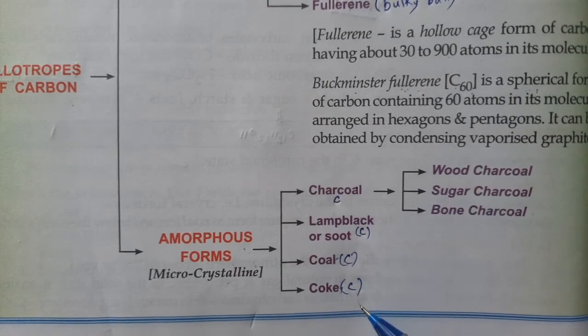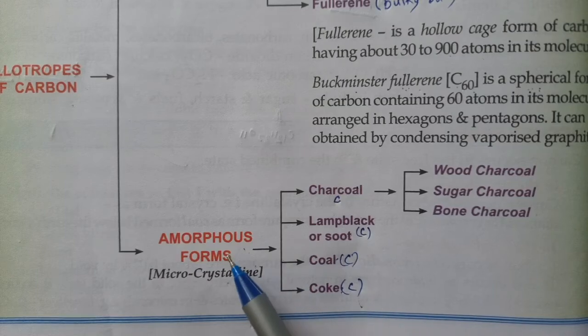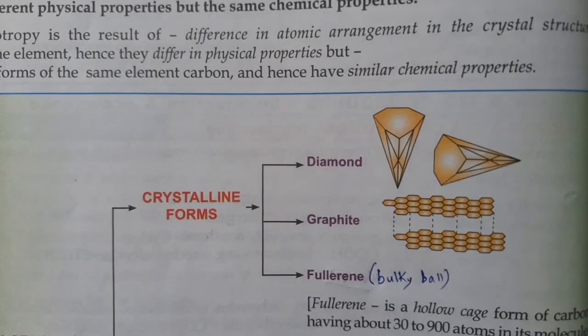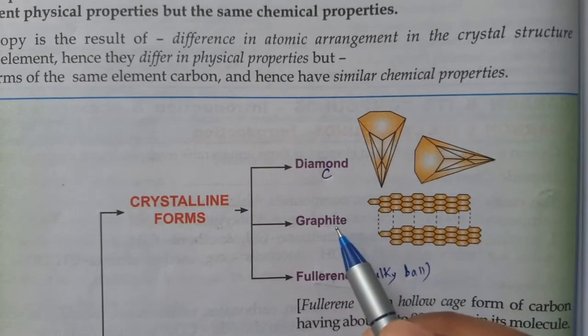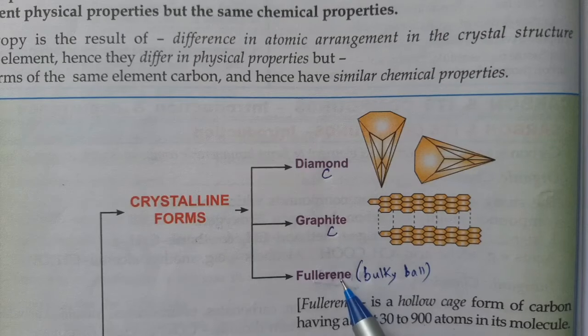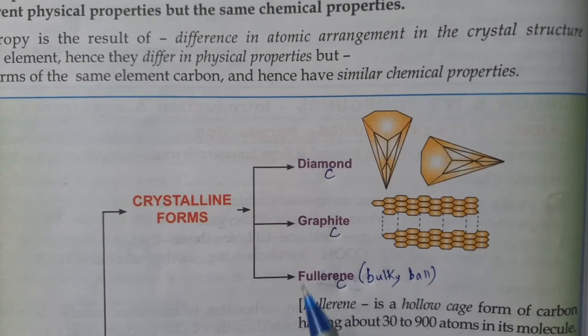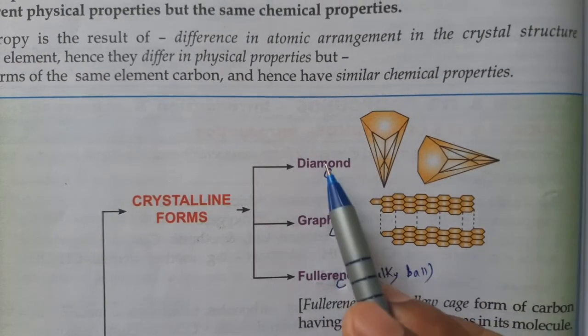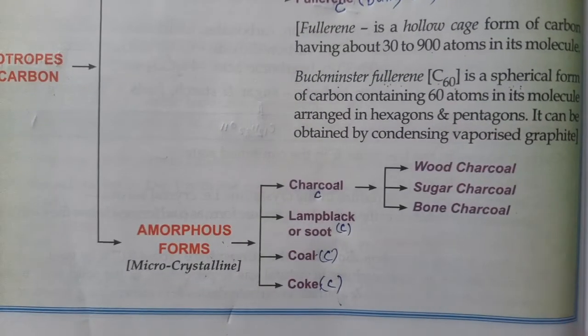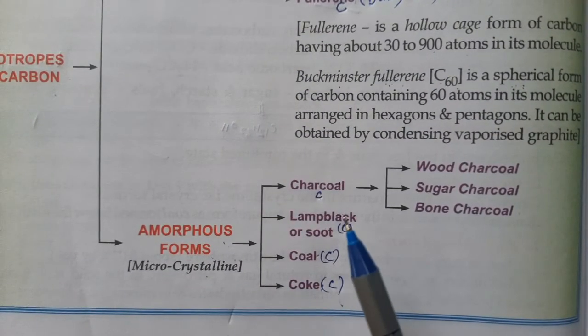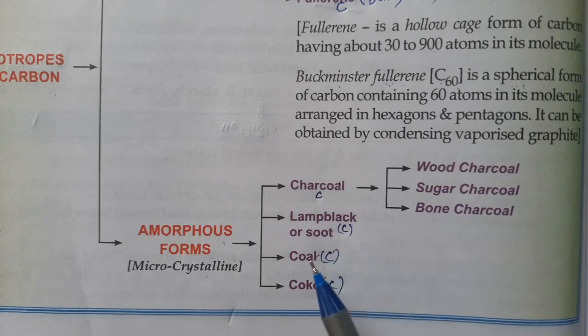So C means carbon. For the crystalline form I said a while ago, there are three crystalline forms of carbon, diamond, graphite and fullerene, and all of their symbol is again C, because all of them are allotropes of carbon, but different forms, like footballer, cricketer, singer. Now we see the amorphous form once again. The amorphous forms of carbon are charcoal, lamp black or soot, coal and coke.